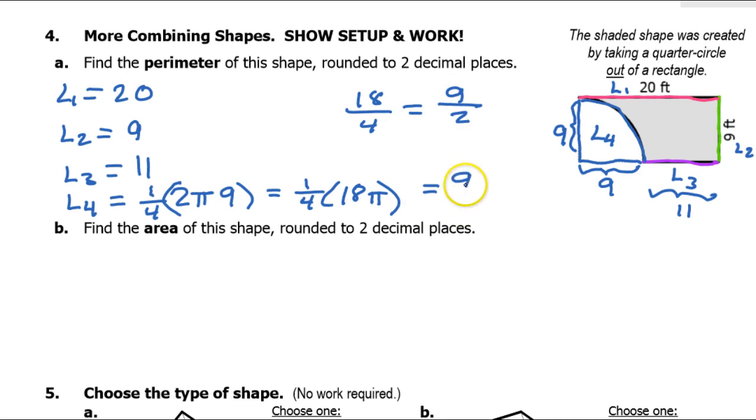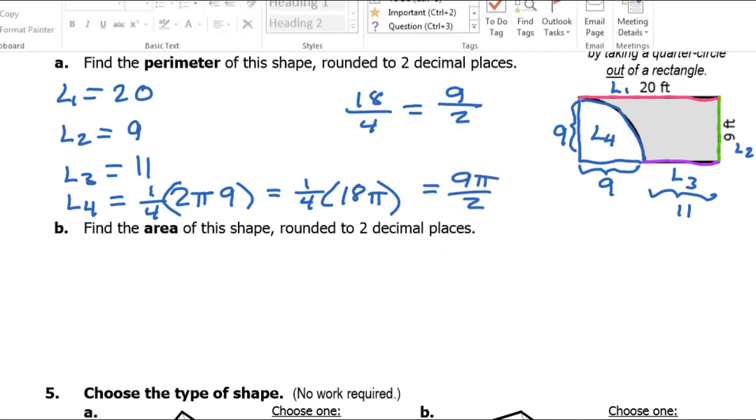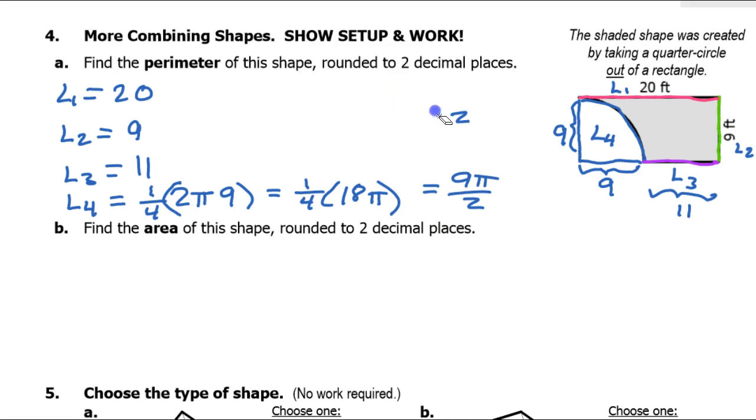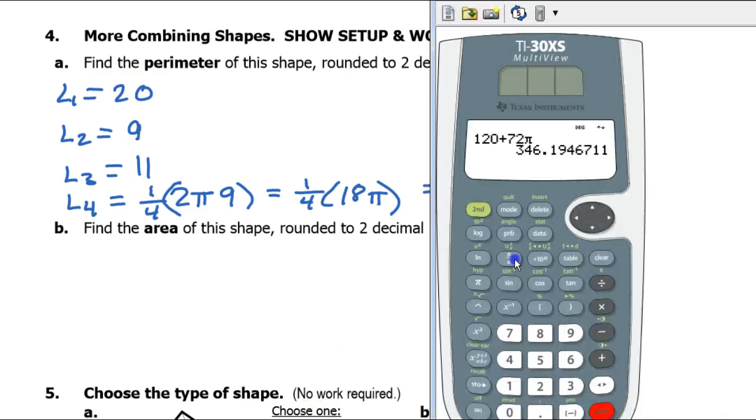So this is really like having 9 pi over 2. So that's length 4. So if I want the whole perimeter, I just need to add up these 4 lengths. So if I just go 20 plus 9 plus 11 plus 9 pi over 2.